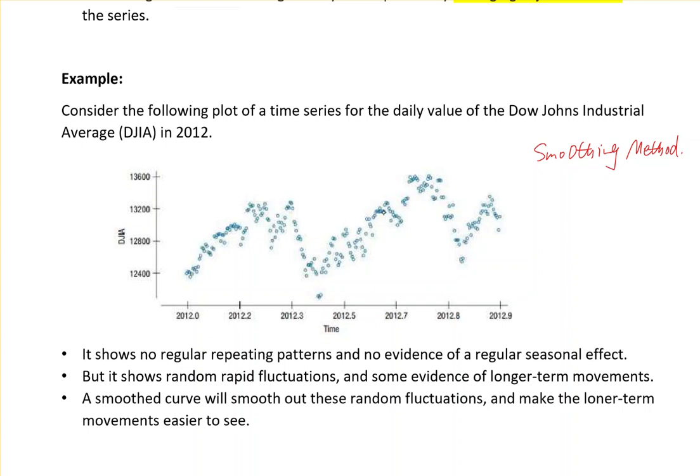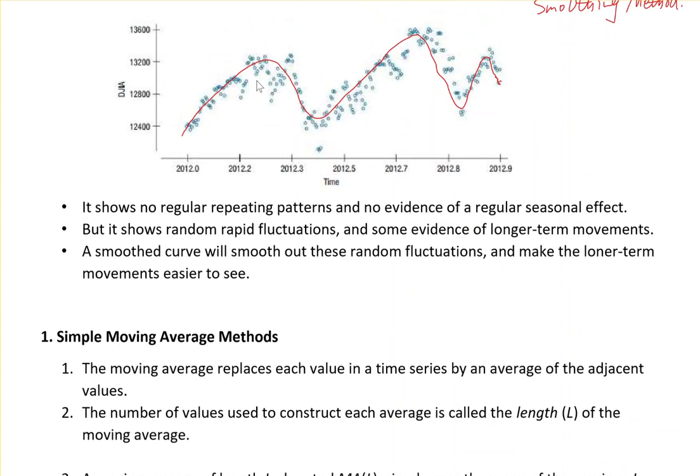So our job is to find a smooth line that follows this. We want to know, after September 2012, what the value of y will be for October 2012, in the next time period. This is our goal.